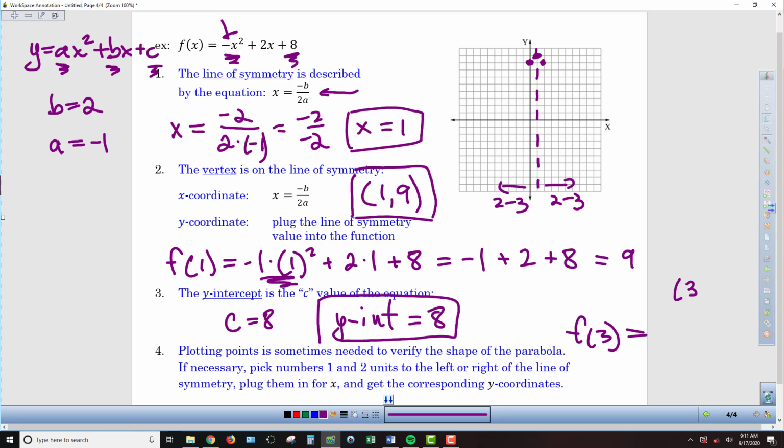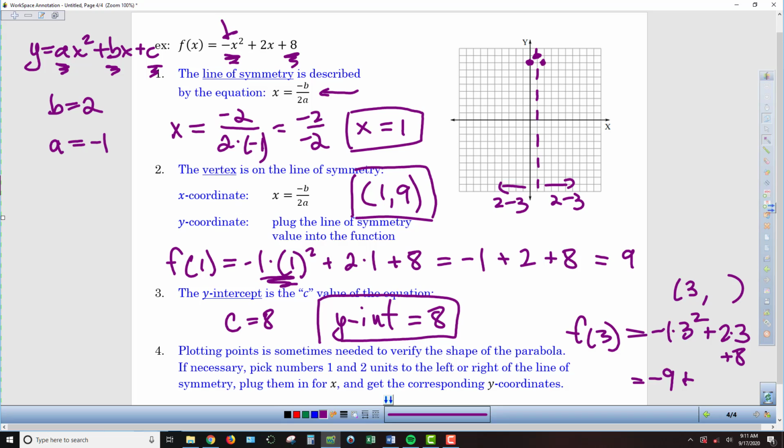So I'm looking for what is the y-coordinate when x equals 3, just to give me a little bit more information. If I plug in 3, I'm going to get, again, negative 1 times 3 squared plus 2 times 3, and then plus 8. If I finish out that arithmetic, 3 squared is 9. 9 times the negative 1 gives me negative 9.